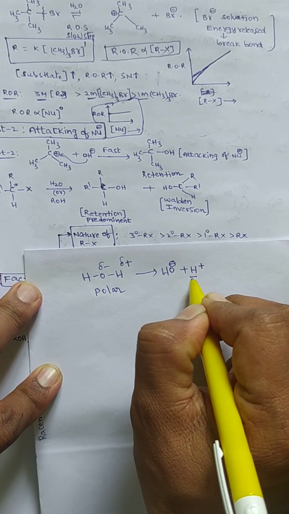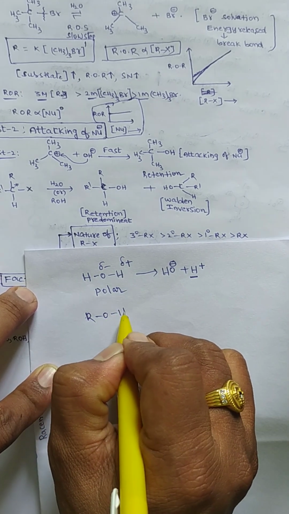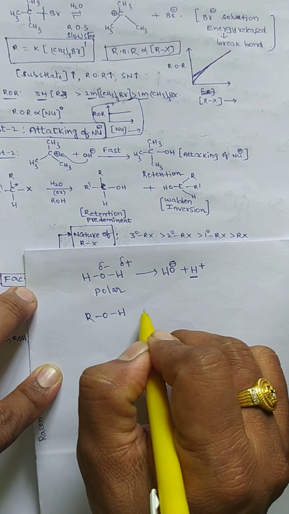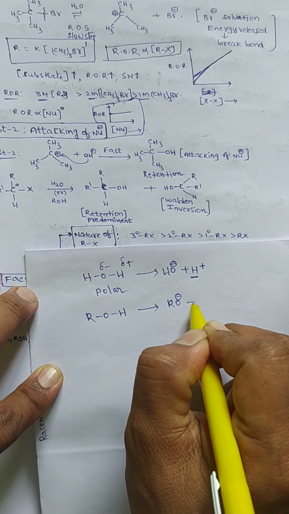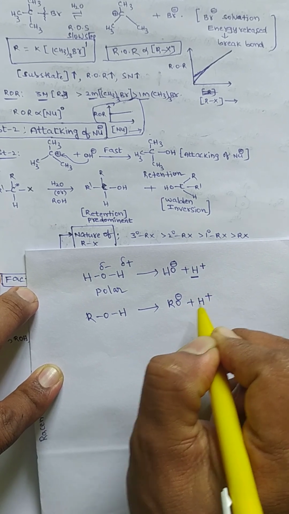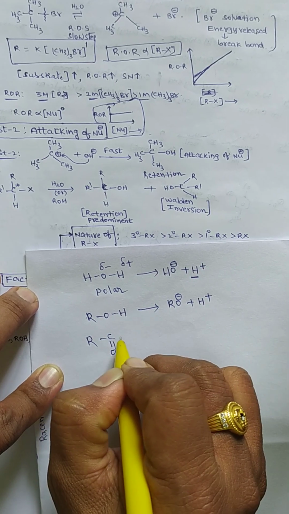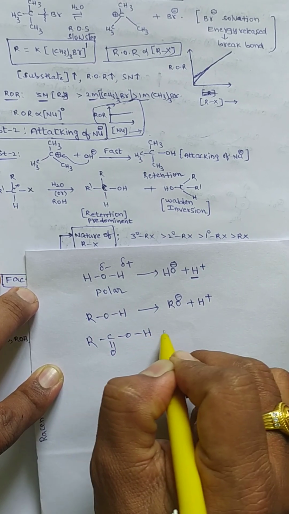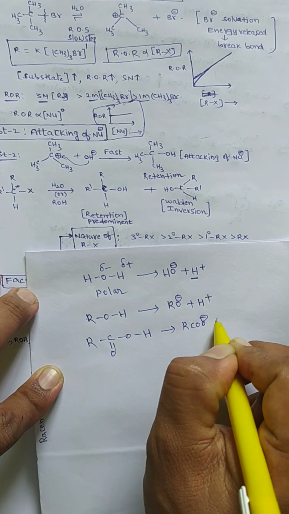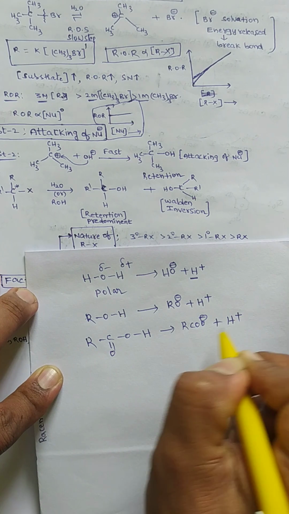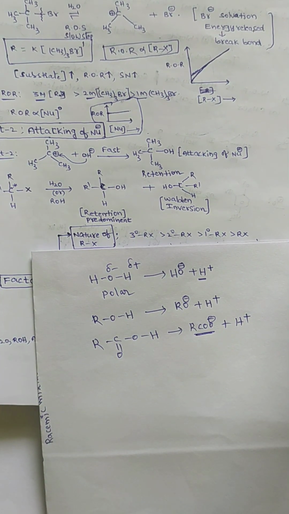In the same way, alcohols are also polar molecules, and they also release H+ ions, so they are also called polar protic solvents. Similarly, acids release H+ ions and form anions, so they are also polar protic solvents.